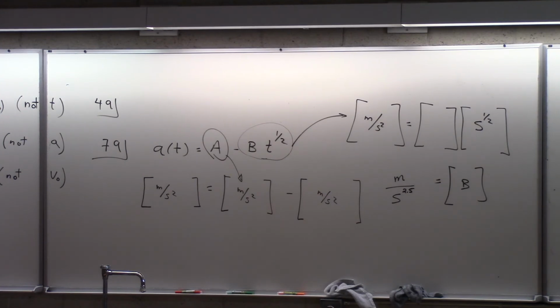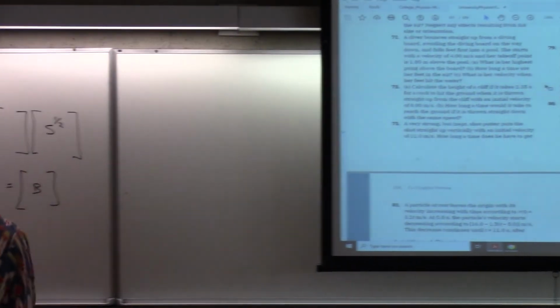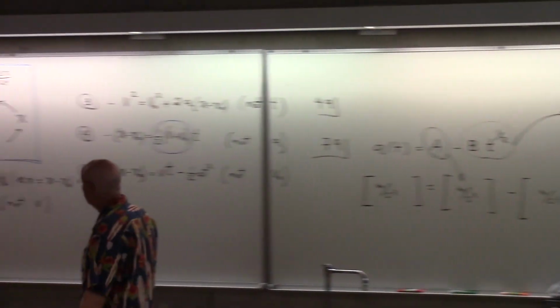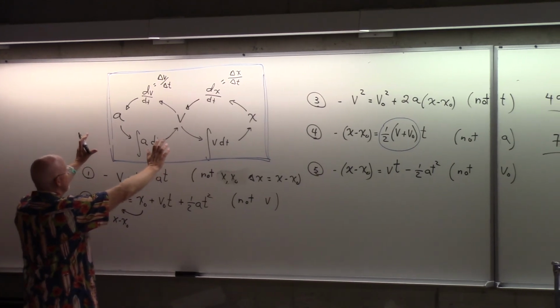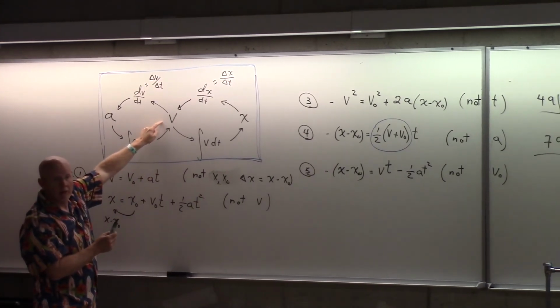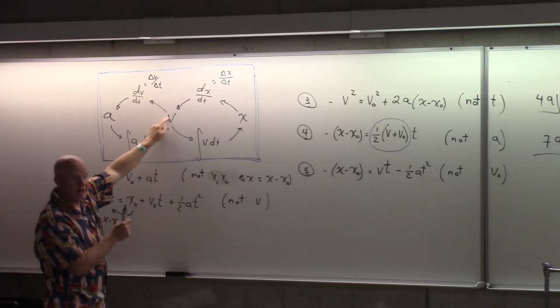It says, now, if the rocket starts from rest, how does the velocity vary with time? All right. So coming back to this box, they're asking me to find velocity, right? They gave me acceleration, right? So how do I get to velocity from acceleration?